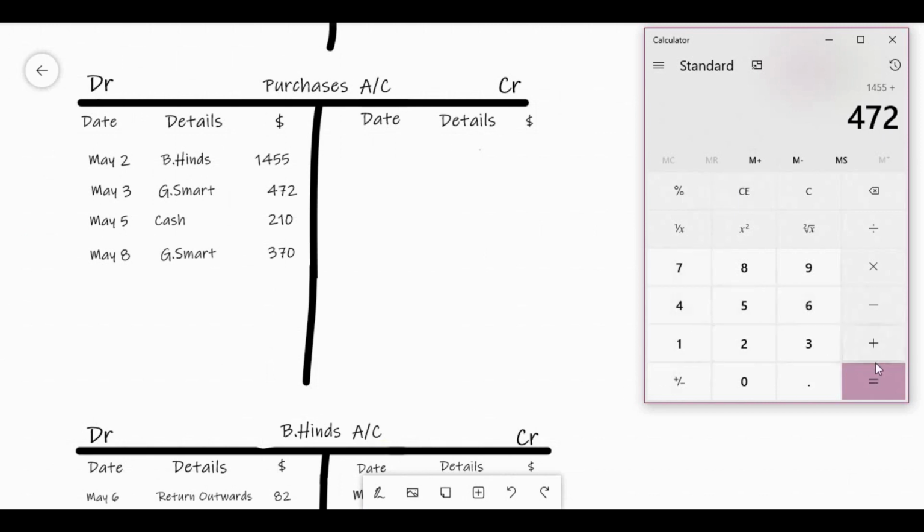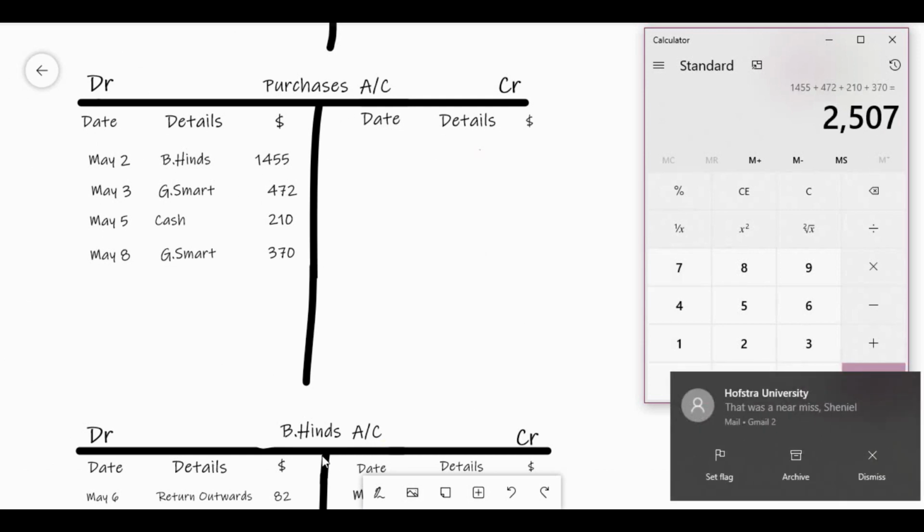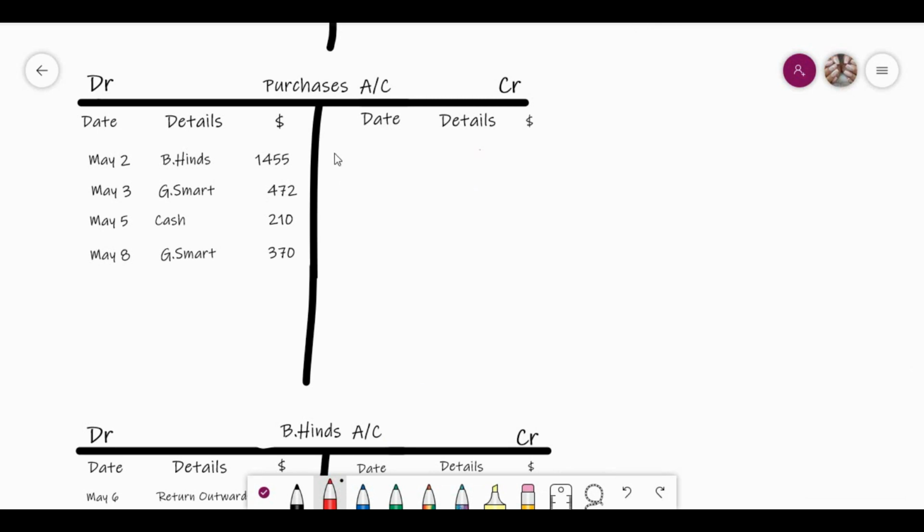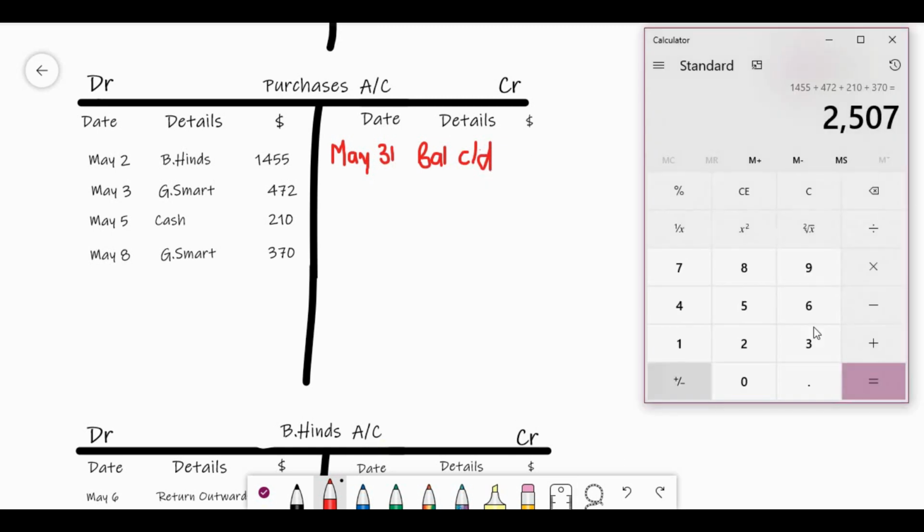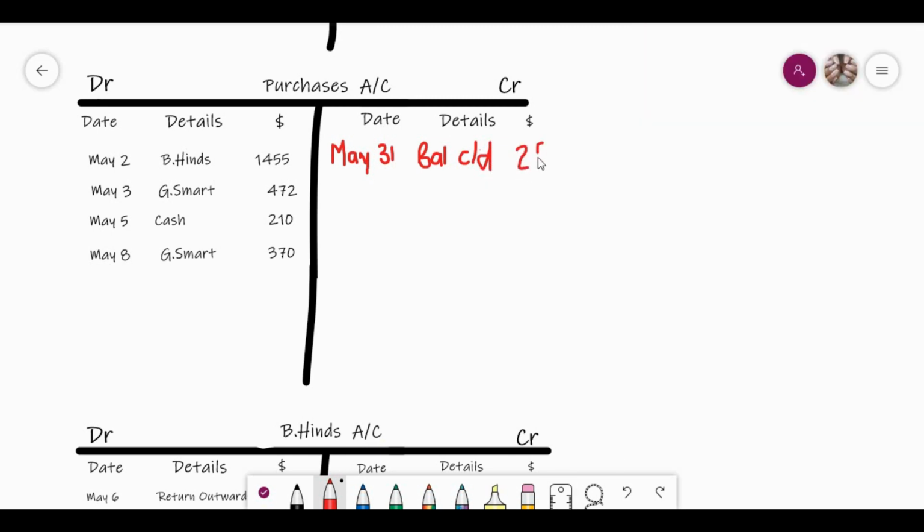Next account, we're going to be adding all the figures together. May 31st, balance carried down $2,507.